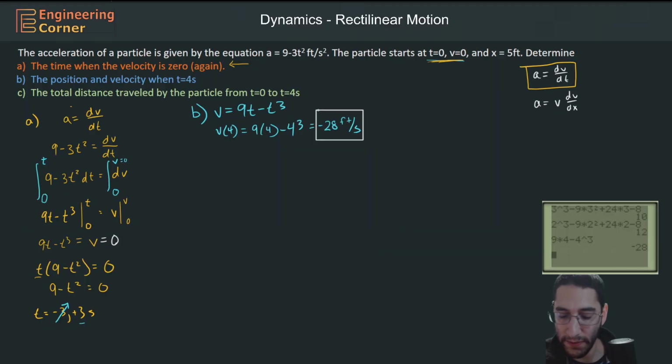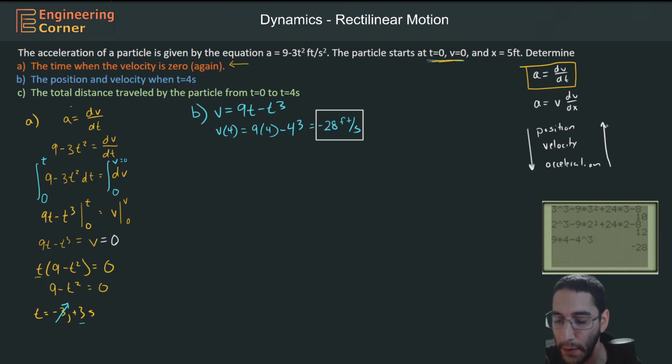Now, how do we get the position? Okay, well, we know that we have position, we have velocity, and we have acceleration. We said that when we're going down, we're differentiating, and when we're going up, we're integrating. So what we need to do is take our velocity function and integrate it again, and we'll have an expression for our position.